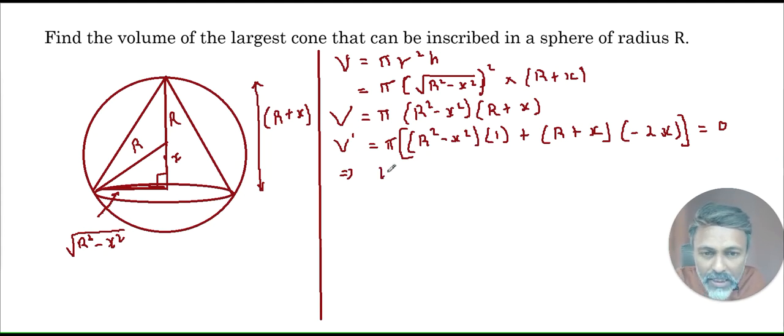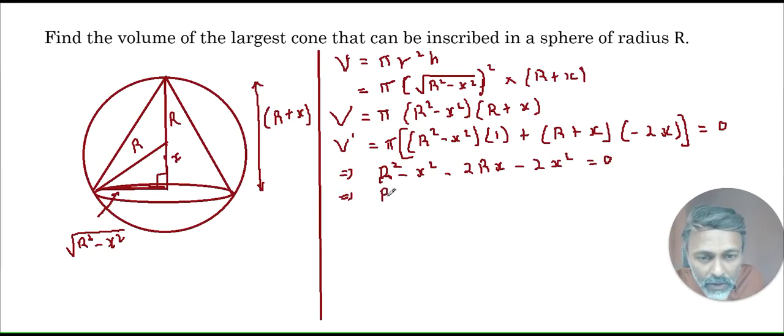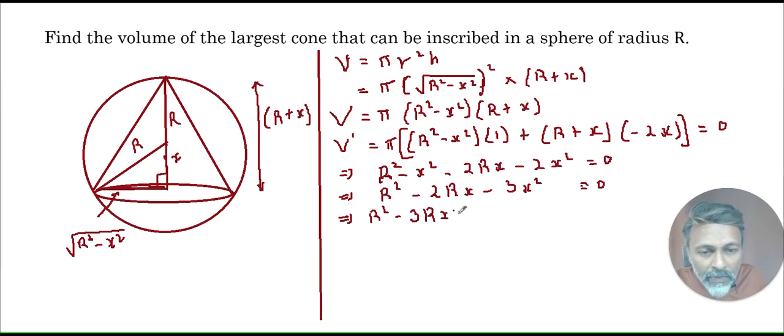The remaining quantity is R square minus x square, minus 2Rx, minus 2x square is equal to 0. Looks as if we will have to factorize. So this becomes R square minus 2Rx minus 3x square is equal to 0. By splitting the middle term, this gives you R square minus 3Rx plus Rx minus 3x square is equal to 0.